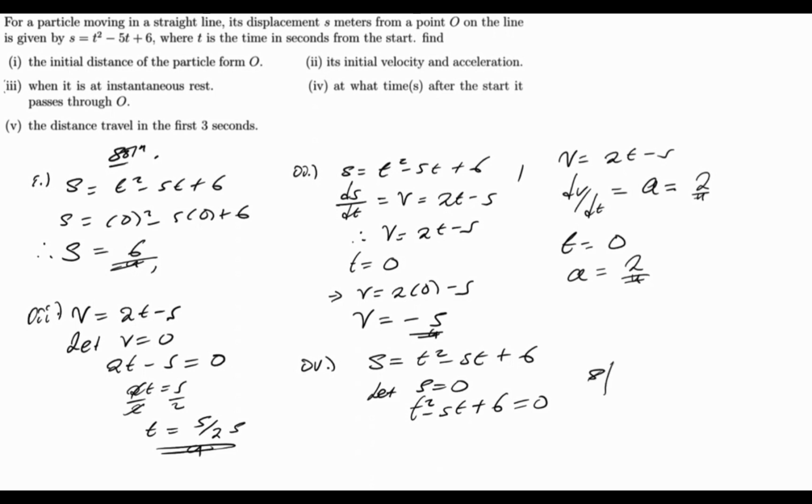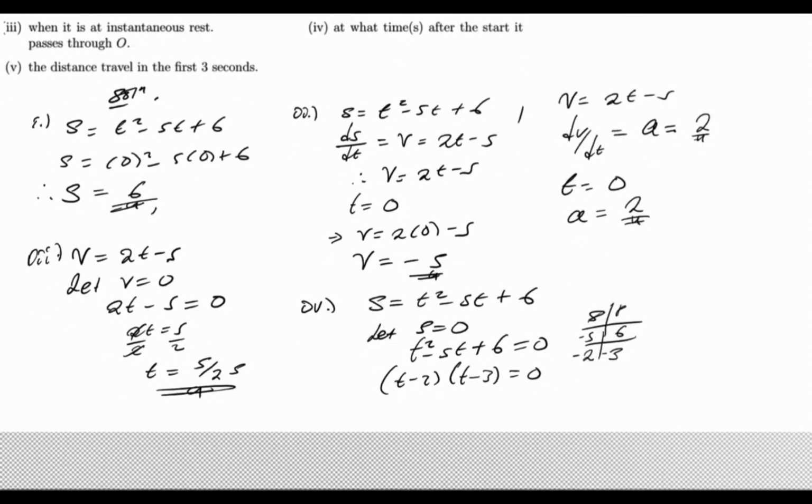So I will find the time it took after the start when it passed through O. Using the sum and product, I have minus 5 and 6, so I have 2 and 3, of which both will be minus. So I have t minus 2 and t minus 3 equal to 0.